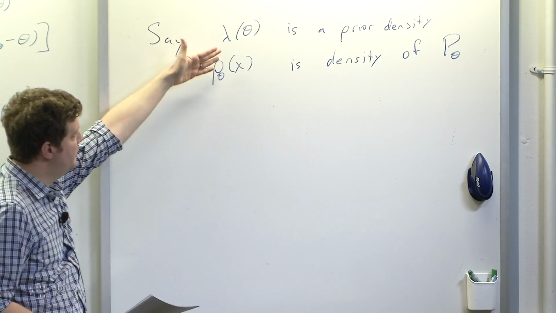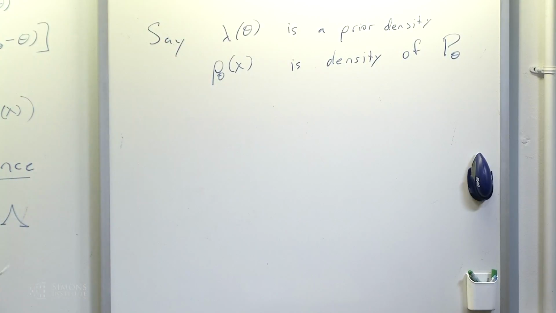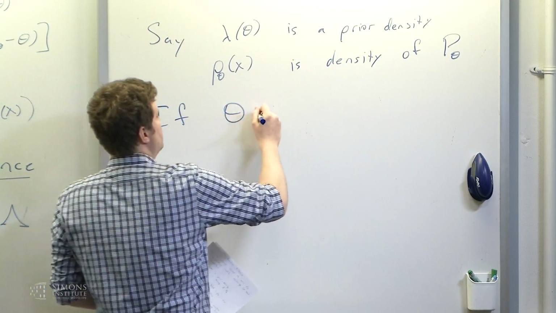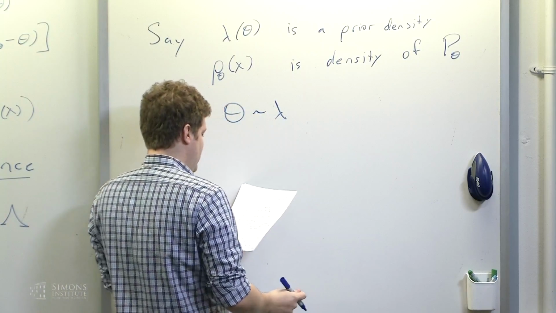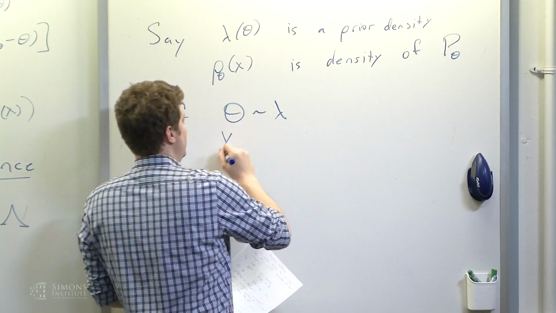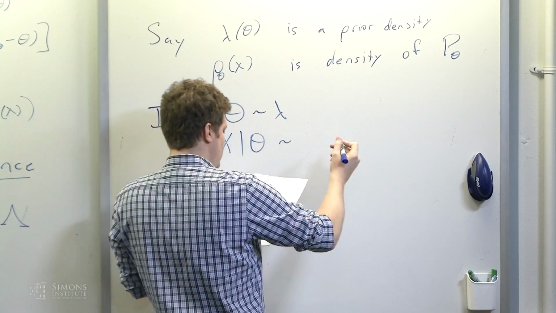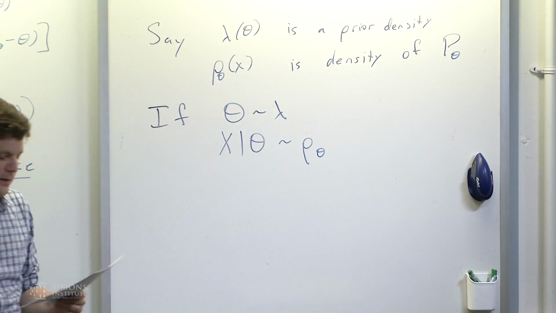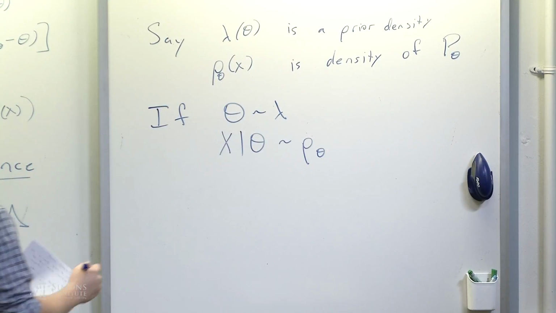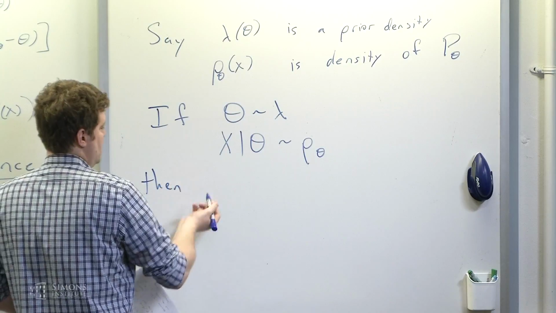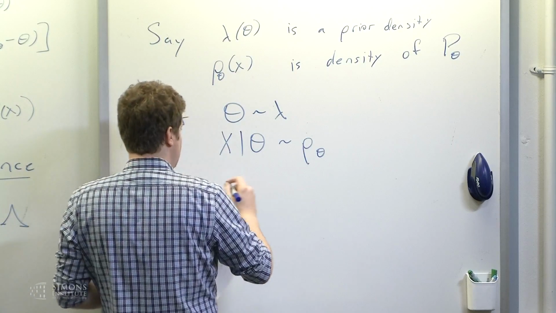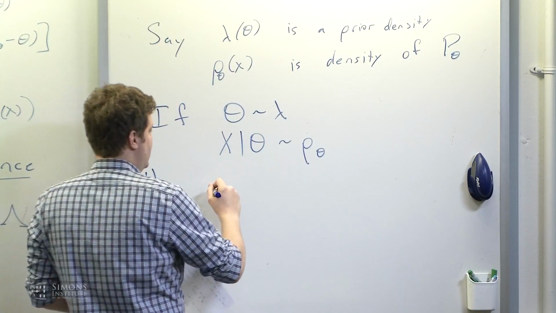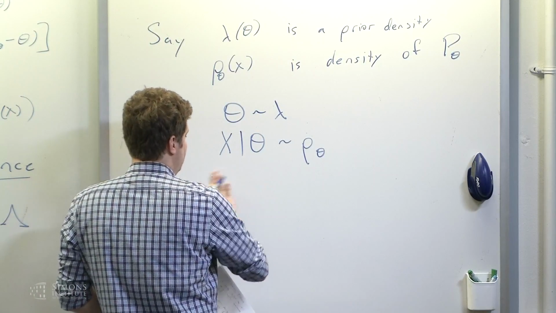So now we're thinking of the parameter and the data as being random. If it's really true that theta is coming randomly from lambda and x given theta is being drawn from p theta conditionally, then we can say exactly what theta given x is.